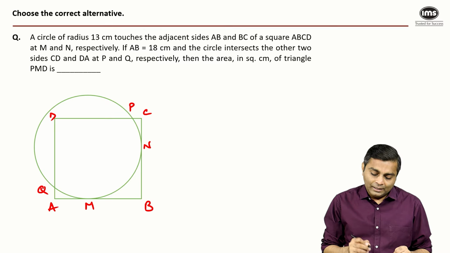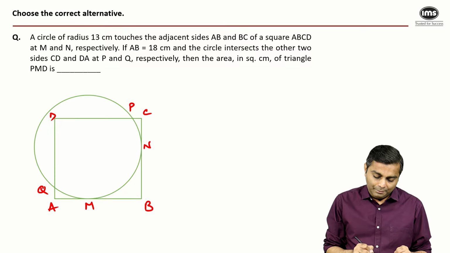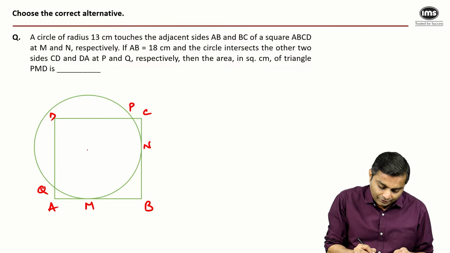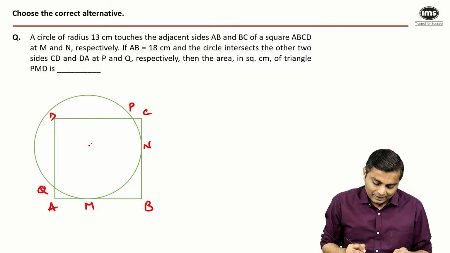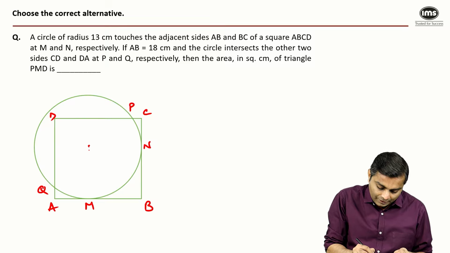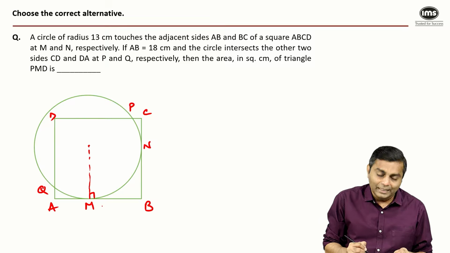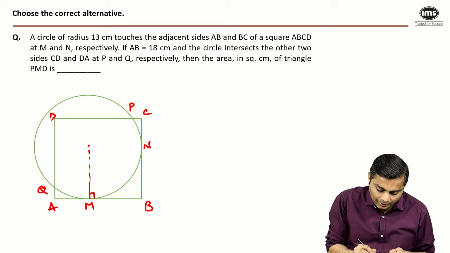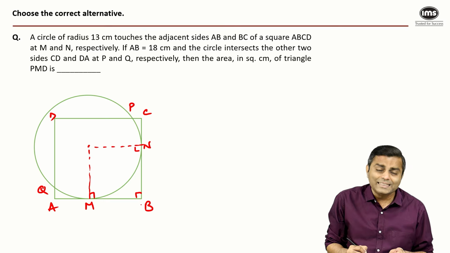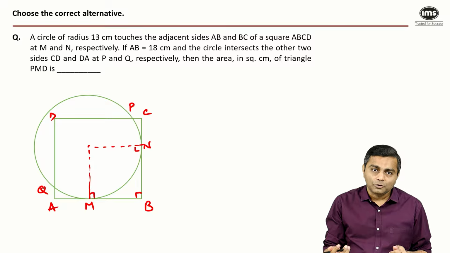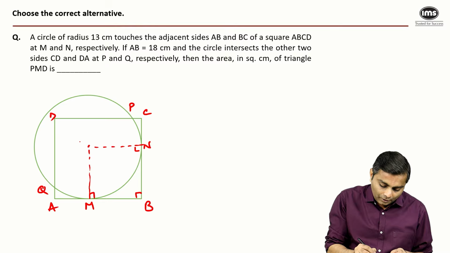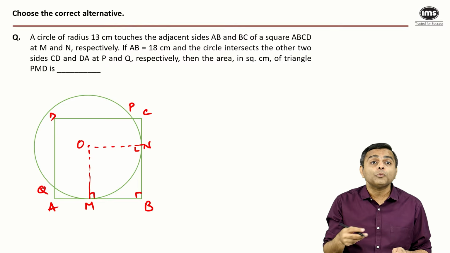Great, okay. Then the area in square centimeter of triangle PMD. Let's come to the triangle slightly later. If I just have my center here, and if I join this, so this has to be 90, correct? Tangent perpendicularity theorem. This also needs to be 90, tangent perpendicularity theorem. This we know is 90 because it's the angle of the square, which means this whole thing, OMBN, has to be a square.